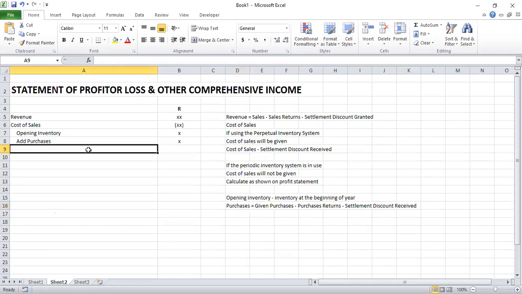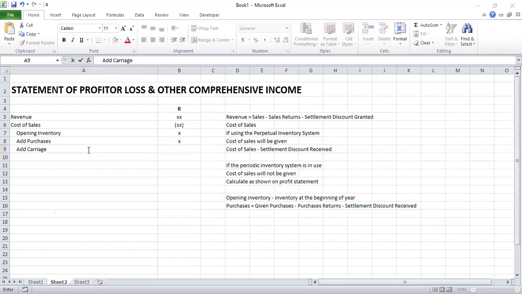Right. But now, when you buy goods, in most instances there will be additional costs that you can incur. For example, you are buying your goods from Mpumalanga. There can be carriage on purchases, which is transport cost. So we add any transport there.